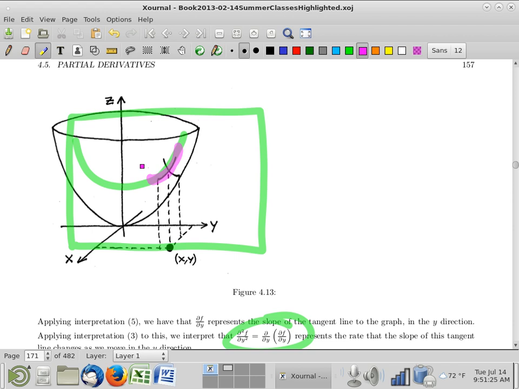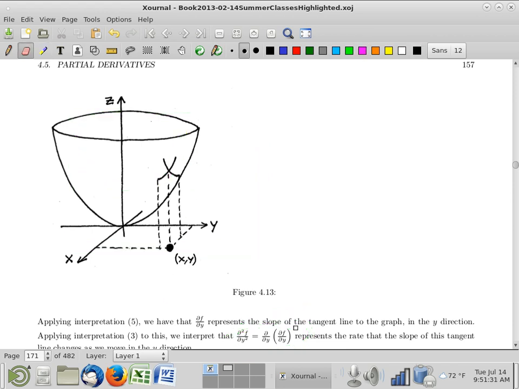Now let me give you a different point of view on how to think about what this second partial is. I'm going to look at these two different partials. I've got a y partial, and then I'm taking a y partial of that y partial. I could instead interpret the first y partials as slopes of tangent lines to the cross section.